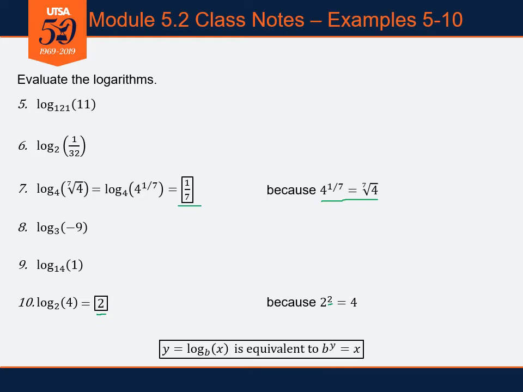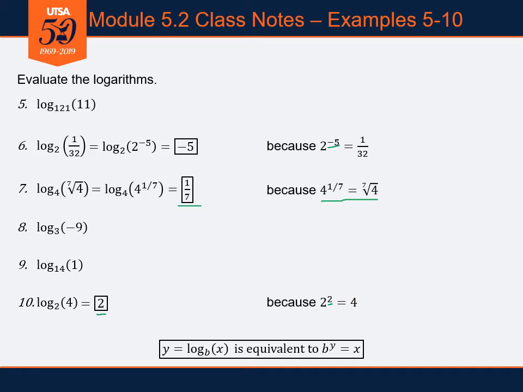Let's practice again, moving up to question number 6, where we have log base 2 of 1 over 32. So we've got a base 2 to some power has to give me a result of 1 over 32. So 2 to what power gives me a result of 1 over 32? 2 to the -5th power gives me a result of 1 over 32.